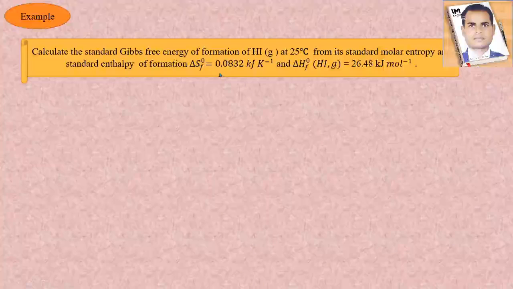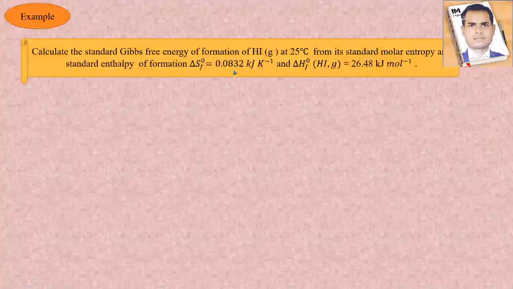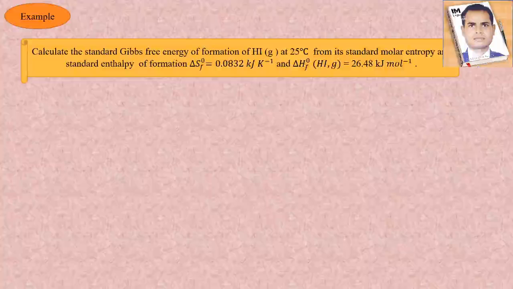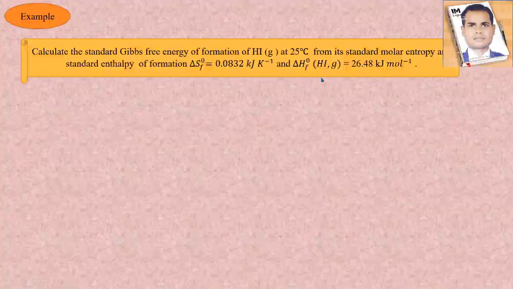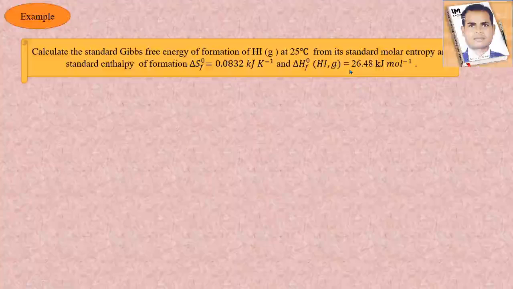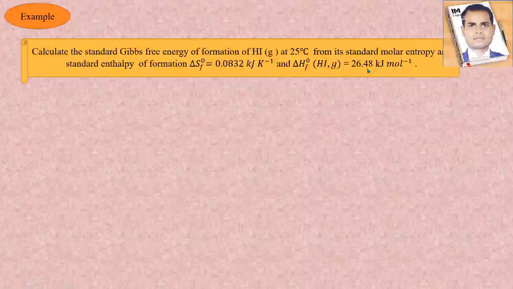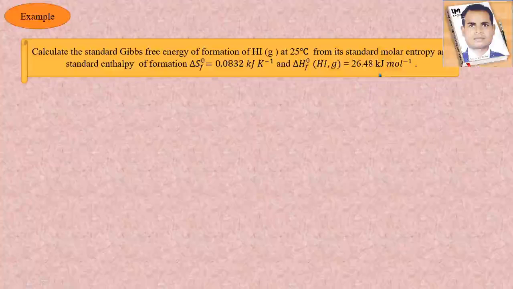Delta S0F is equal to 0.0832 kilojoule per Kelvin and delta H0F of HI in gas is equal to 26.48 kilojoule per mole.